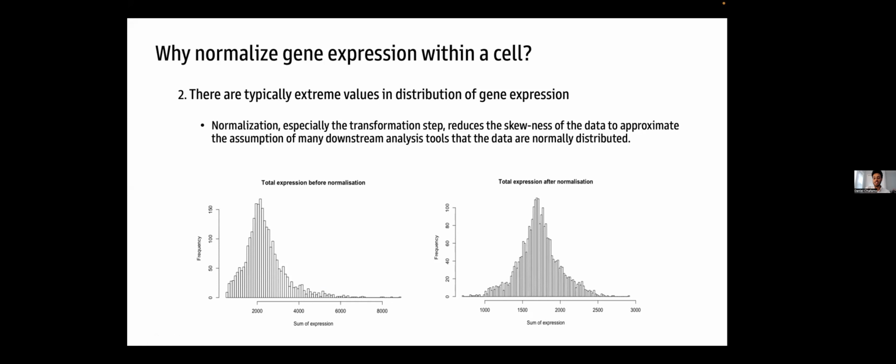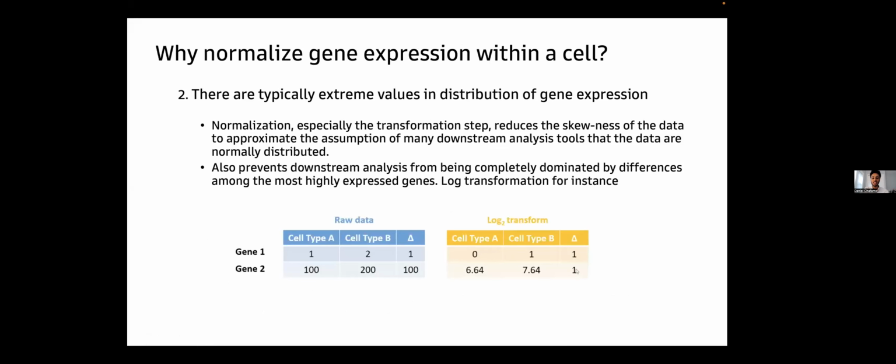So it's not strictly that, but something approximating a normal distribution. So log transformation, for instance, which is one thing that we do in normalization, allows us to go from a very skewed distribution to something that approximates a normal distribution. This is very idealized and doesn't always happen, but in an ideal world, that's what we expect.